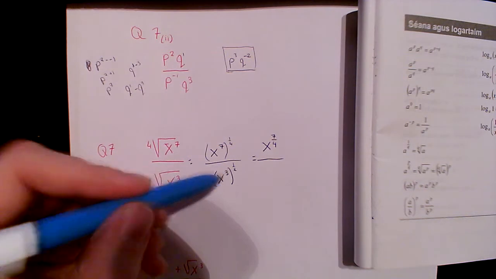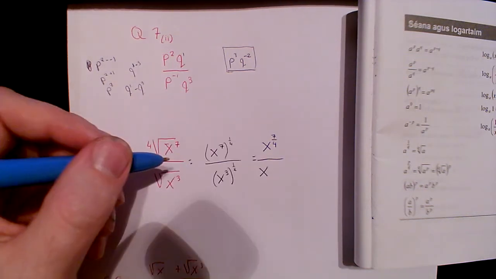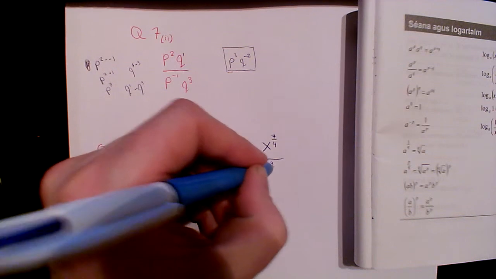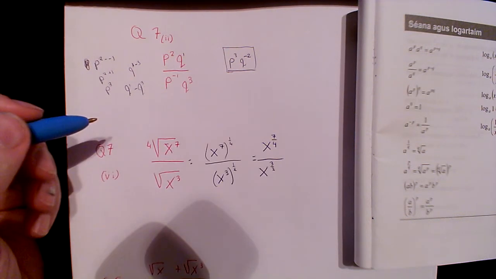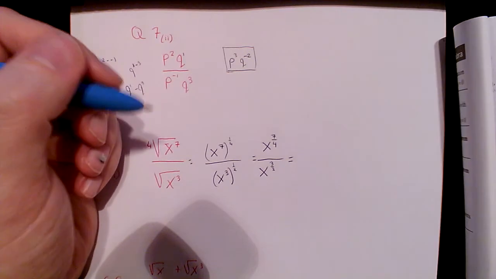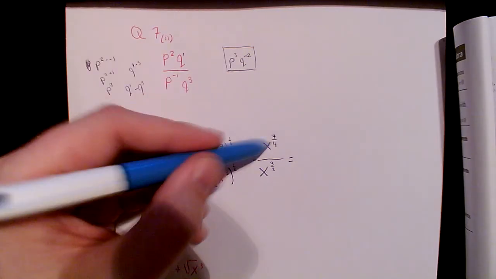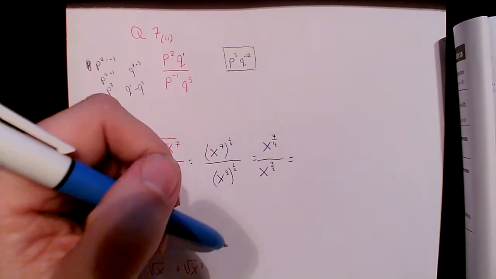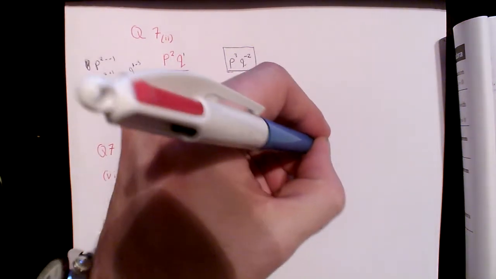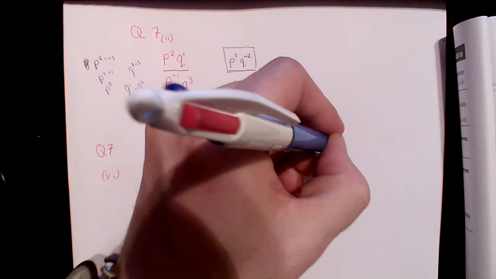And likewise with this, I could say x to the power 1.5, but I'm just going to say x to the power 3 over 2, okay, which is 1.5 anyway. Lastly then, if I want to divide these, I'll just minus the powers. So it's x to the power 7 over 4 minus 3 over 2.